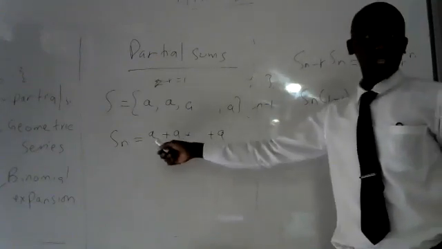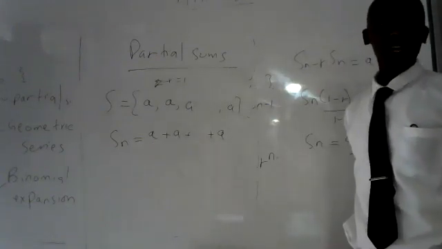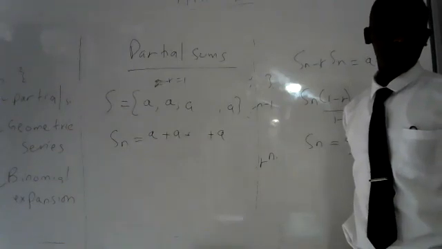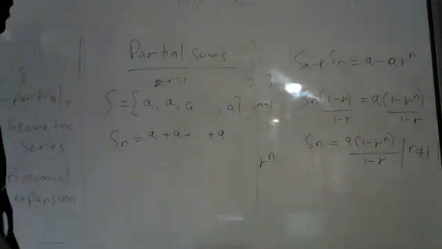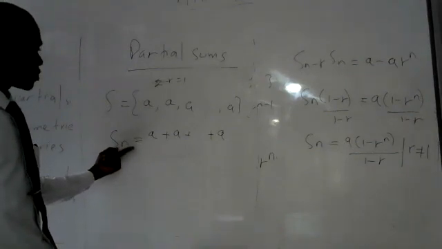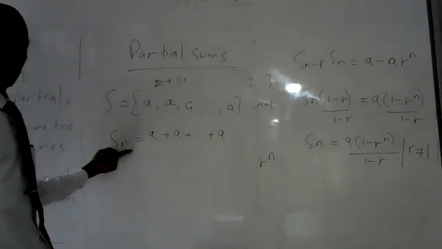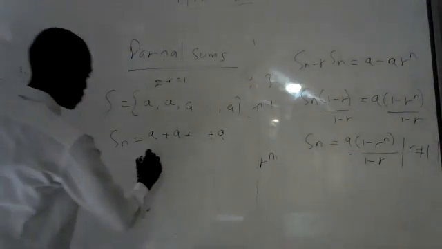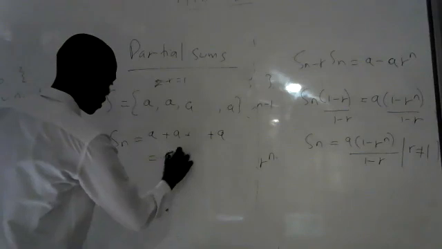What is A plus A up to n terms? No, there are only n terms. There are only n of them. So what would the sum be? AN. Yes, good. This should be NA or AN, whichever.